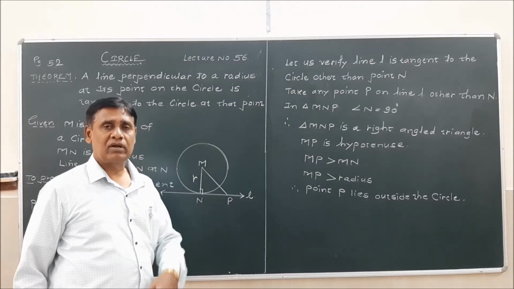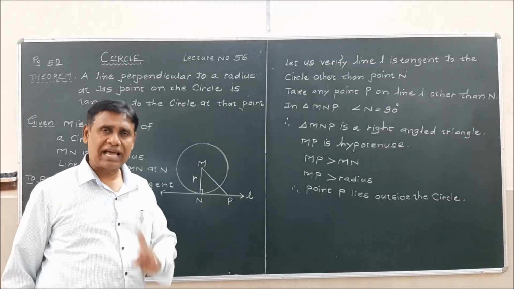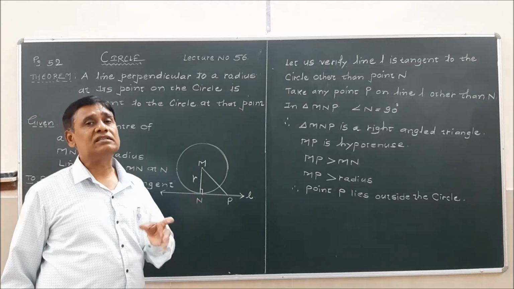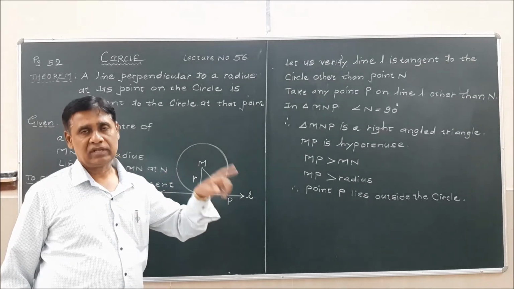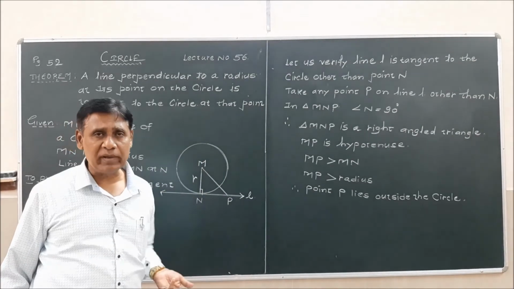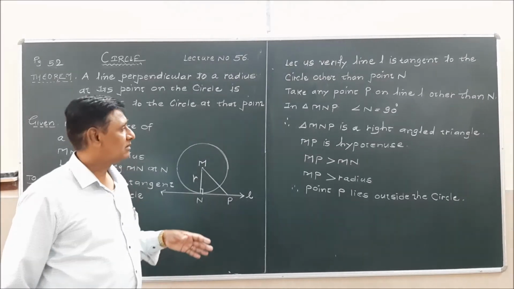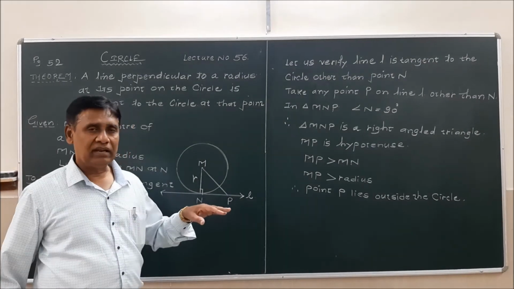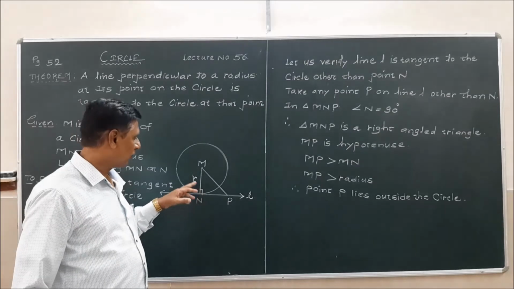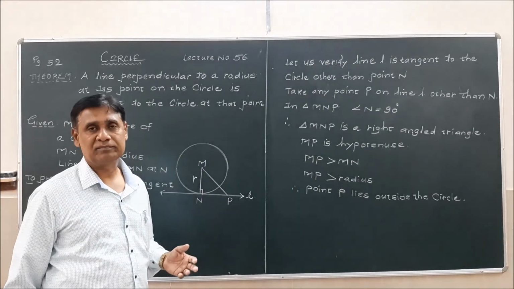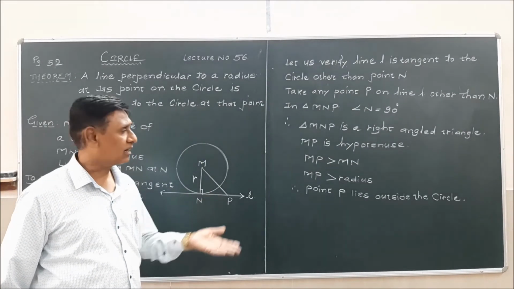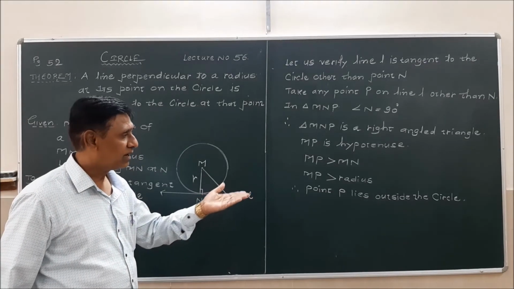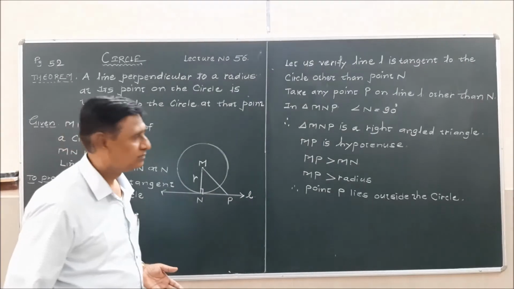Finished. Because a tangent and a circle have a common point. What does it mean? It means that the tangent will intersect at a point which is on the circle. But what we got? Point P lies outside the circle.